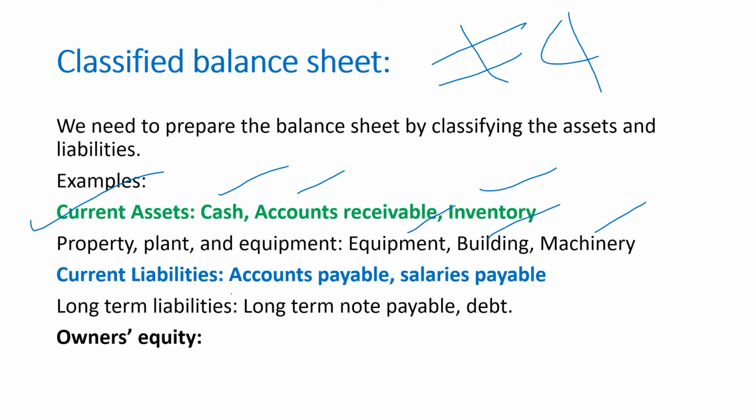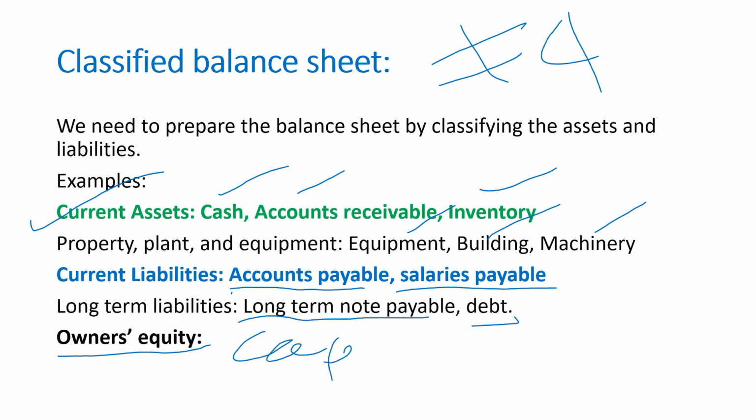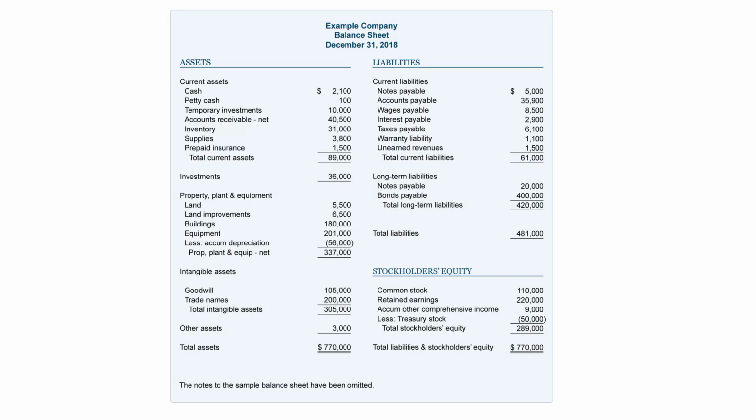Current liabilities will include accounts payable, salaries payable. Long-term liabilities will be long-term notes payable, debt, etc. And owner's equity will be stock, meaning the capital, plus retained earnings. Here you can see an example of a balance sheet.